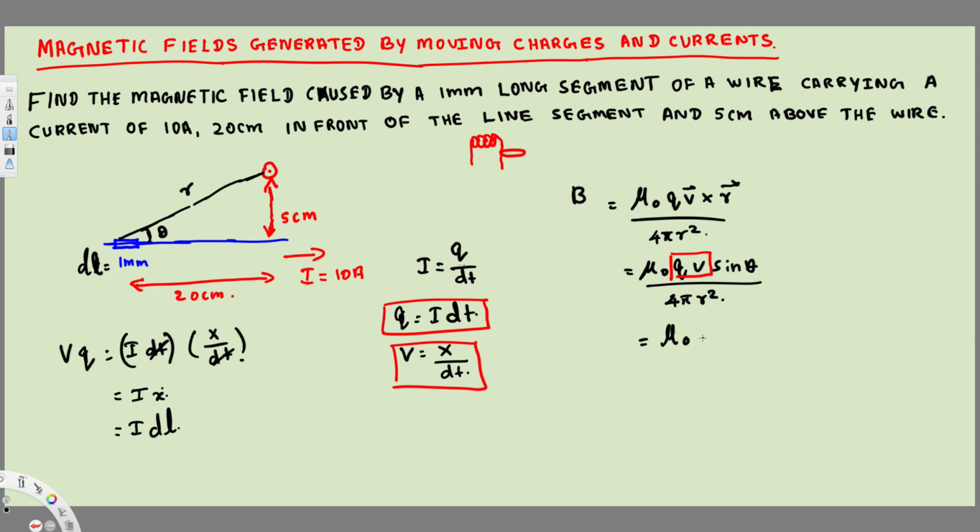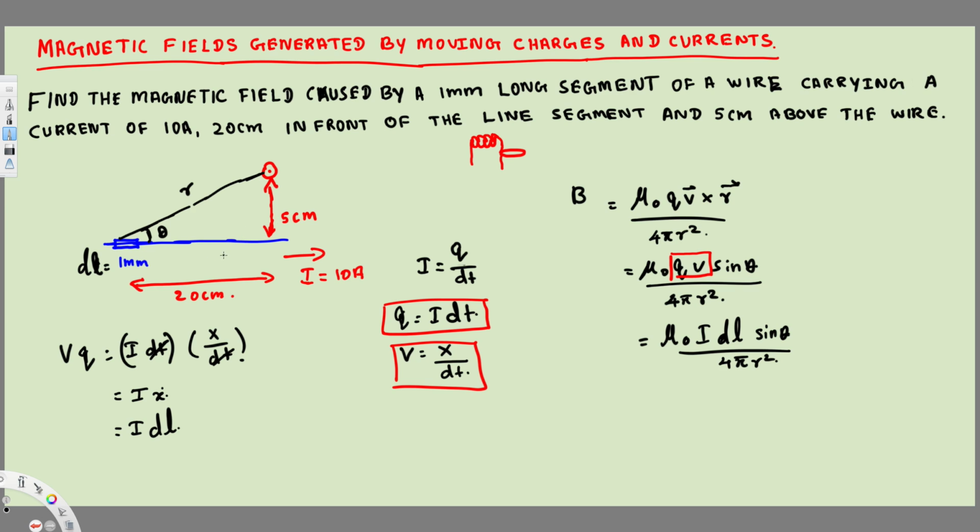So this is going to be mu naught I dl sine theta over 4 pi r square. Now we have these two pieces of information. Mu naught, we know that it's going to be 4 pi times 10 to the power of minus 7. And then sine theta, this angle we have to find. To find this angle, we have opposite and adjacent, right?